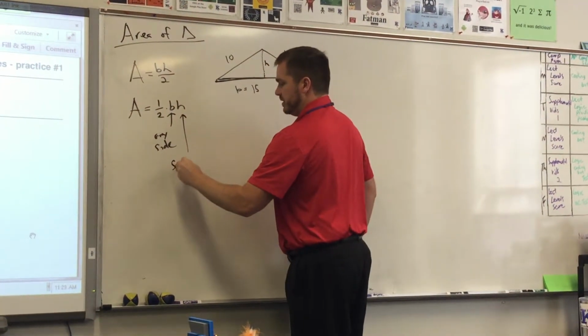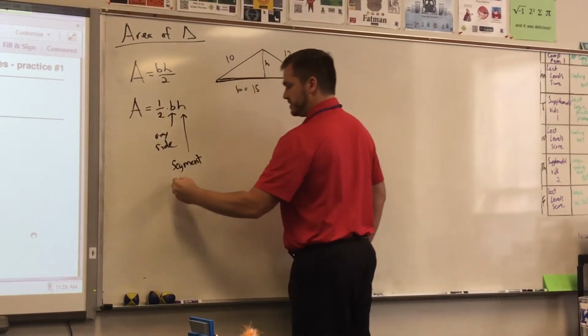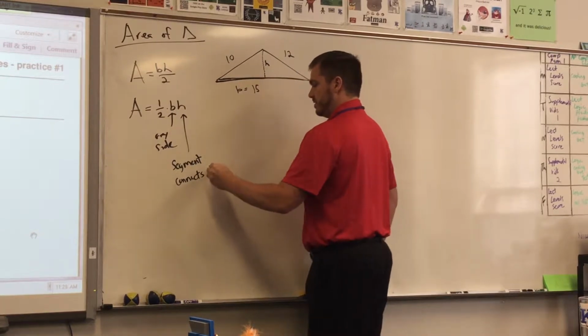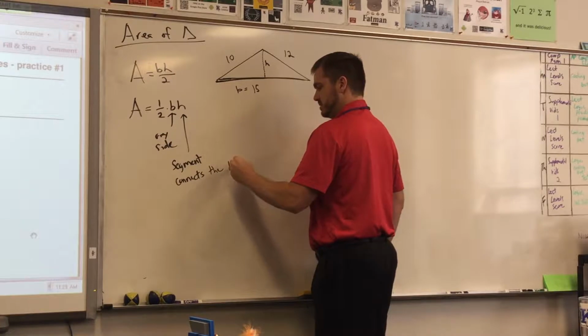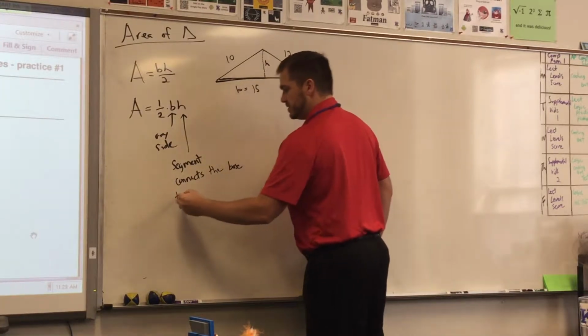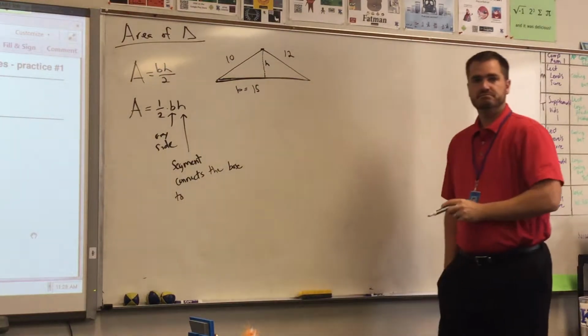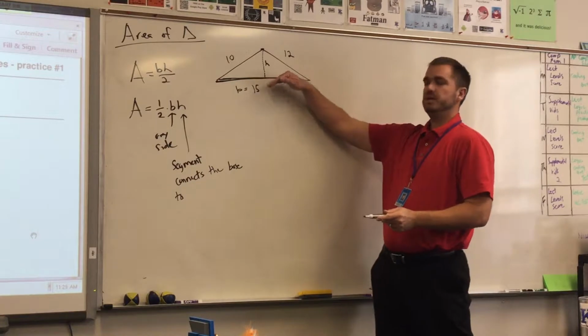I'll get you started here. That's a segment. It's a line segment which connects the base to, how would we describe this point right up here? Okay, vertex. Specifically, we'll say to the opposite vertex.